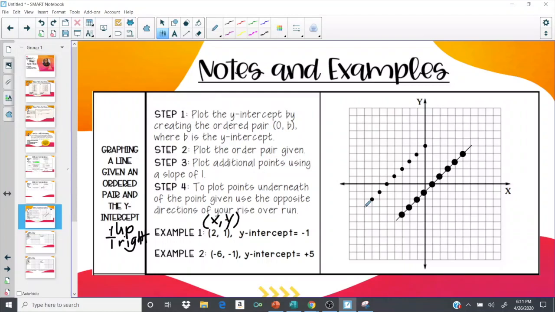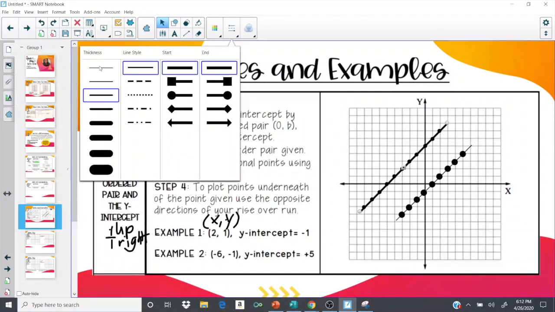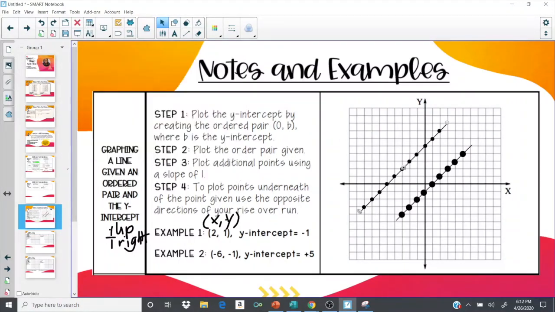To go above, 1 up, 1 right. All right? And after that, grab your ruler or your straight edge, and connect the dots. And you have graphed a line given an ordered pair and the y-intercept.